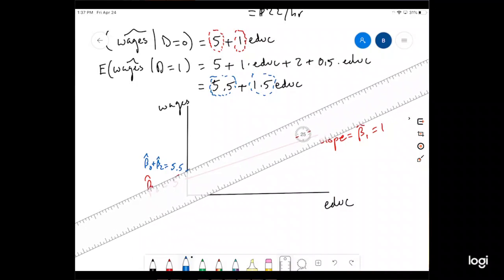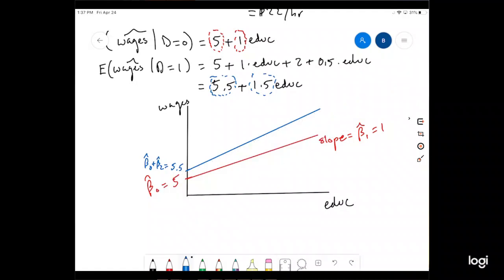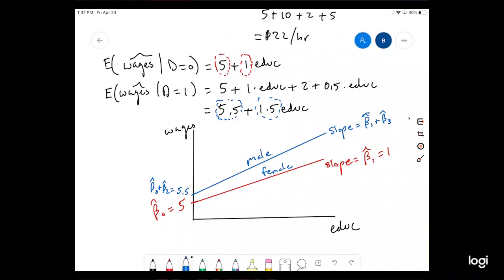So it's going to look something like this. So now we can write slope is equal to beta hat 1 plus beta hat 3. Okay, so this is the male line, and this is the female line. So you should be able to do that for different coefficients. Just generally, if you have a dummy variable in the model, you should be able to draw out these lines.